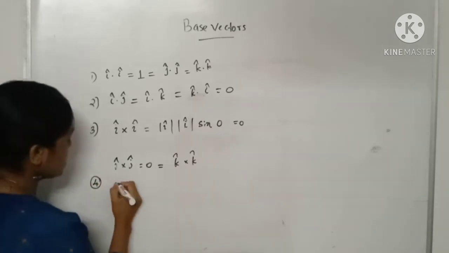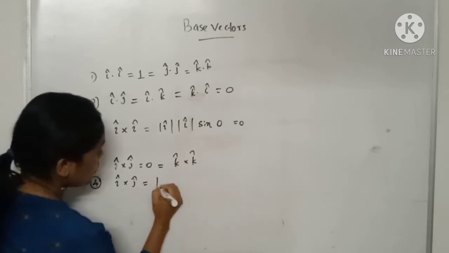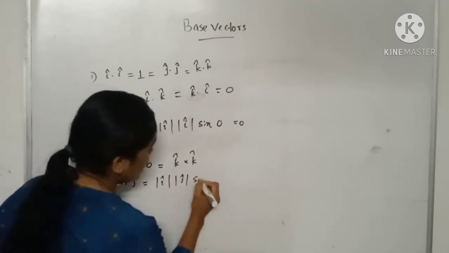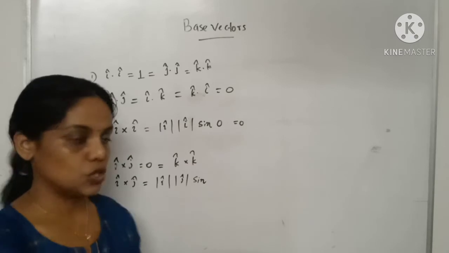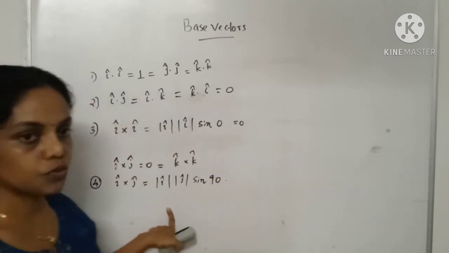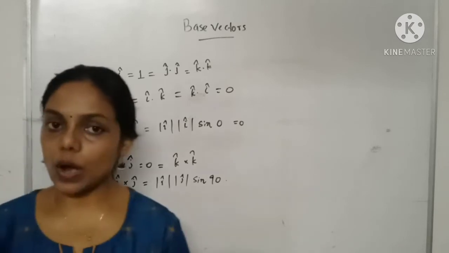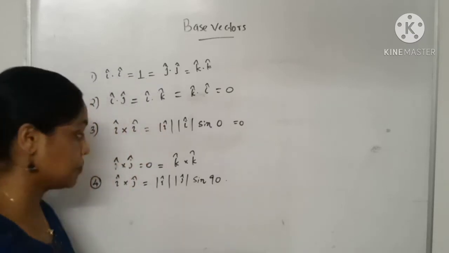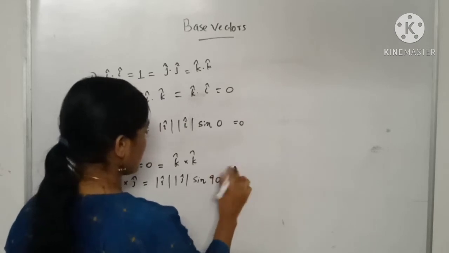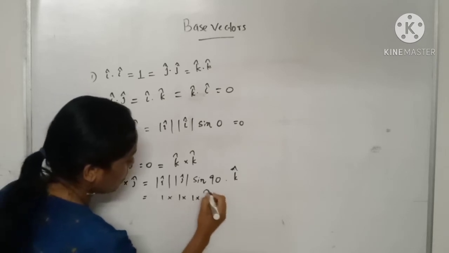Now let us check what is i cross j. i cross j is modulus of i cap, modulus of j cap into sine of the angle between i and j, which is 90 degrees. Therefore, sine 90 into the direction of i cross j, which is the vector perpendicular to both i cap and j cap, which is k cap. Therefore, 1 into 1 into 1 into k cap.